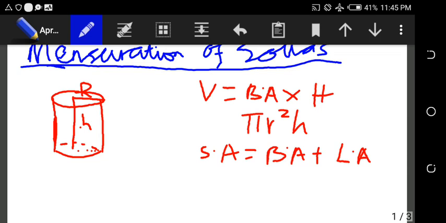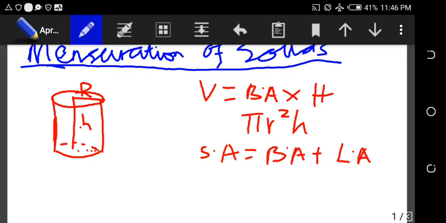Remember that in the last video we established that the surface area means the summation of the areas of all the sides that make up the given shape. So for a cylinder, what are the sides that make it up? We have the top of the cylinder, which is a circle, and the base of the cylinder, which is another circle. So we have two circles whose areas we need, and then we'll have the area around the cylinder, which is the lateral area.